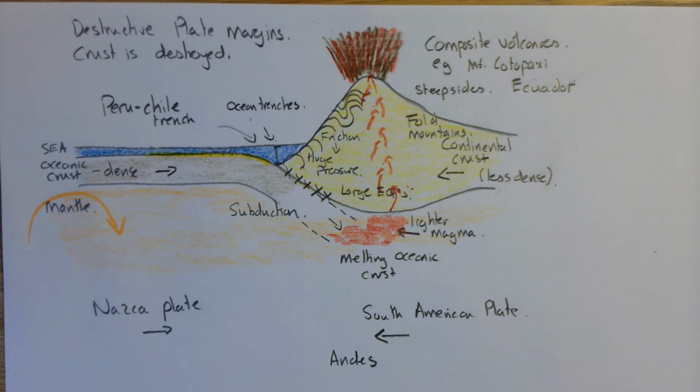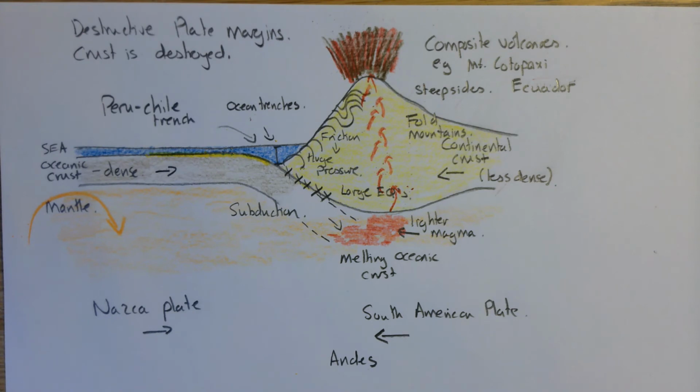As that magma rises through the continental crust, what kind of volcanoes are formed? And describe their characteristics, please. Good. Composite volcanoes, exactly. They're very explosive and they have steep sides.